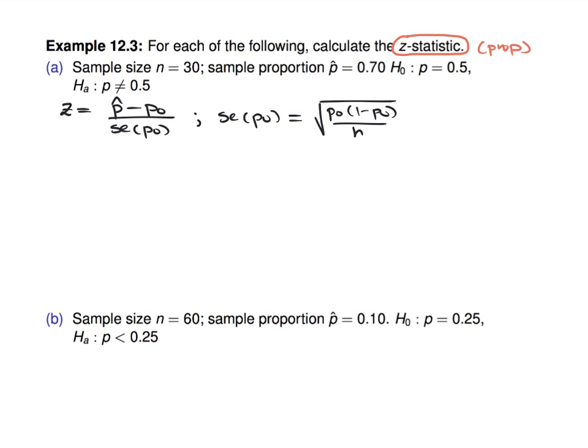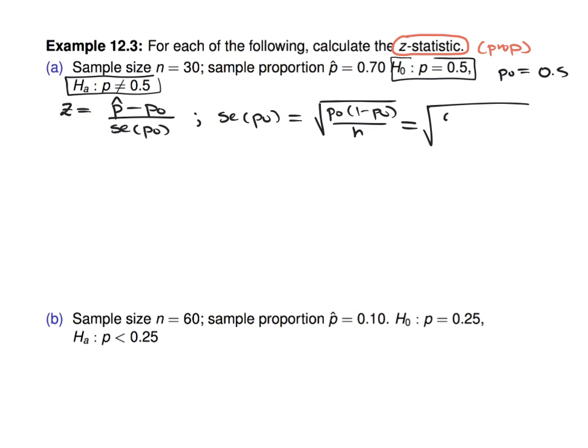Okay, so let's find the standard error of p naught first, as we have to have that to do this z calculation. So in this case, sample size is 30, sample proportion is 0.7, H naught is p equals 0.5, and HA is that p is not 0.5. So the p naught, the null value, is 0.5.